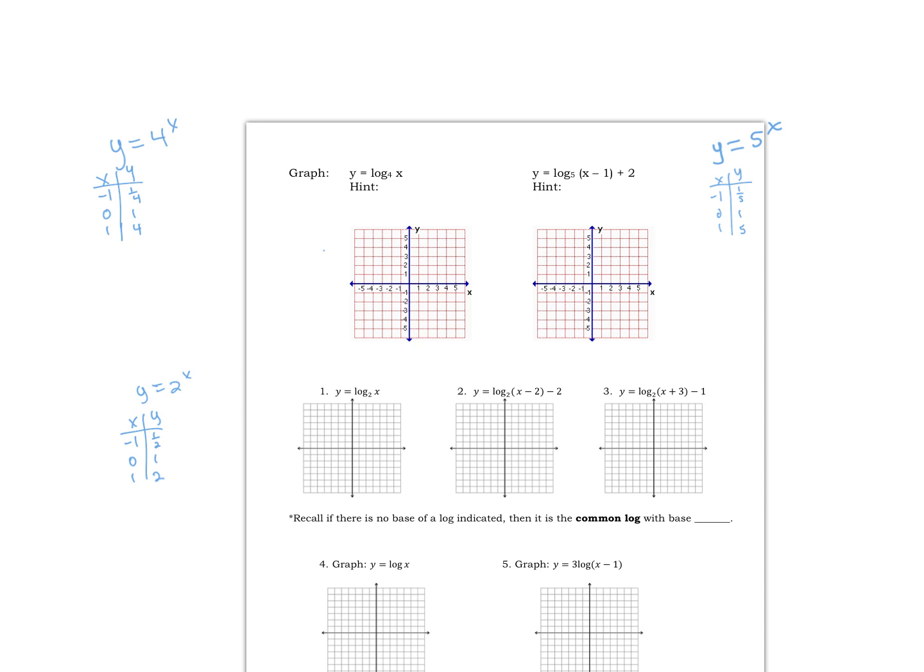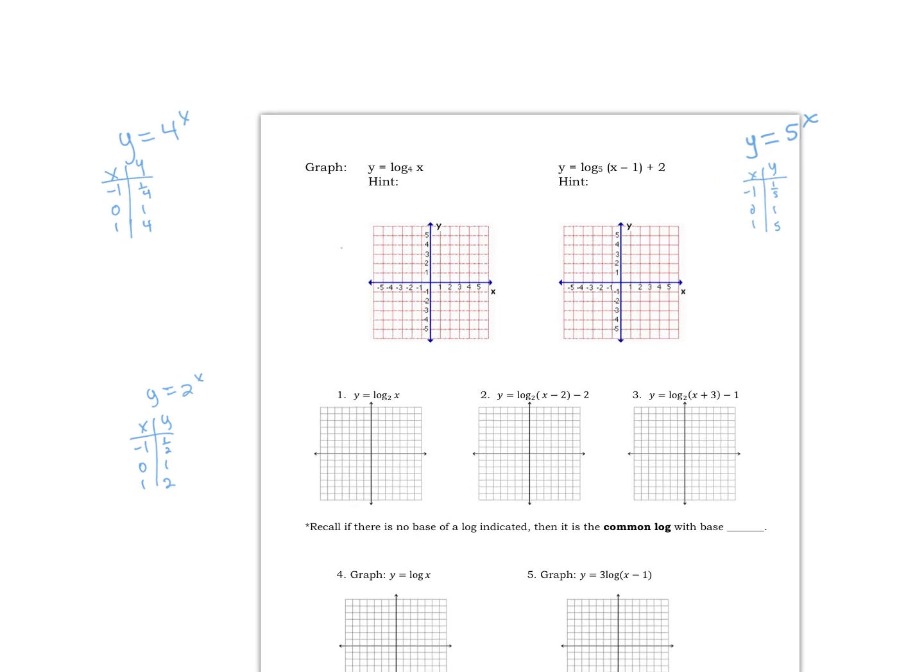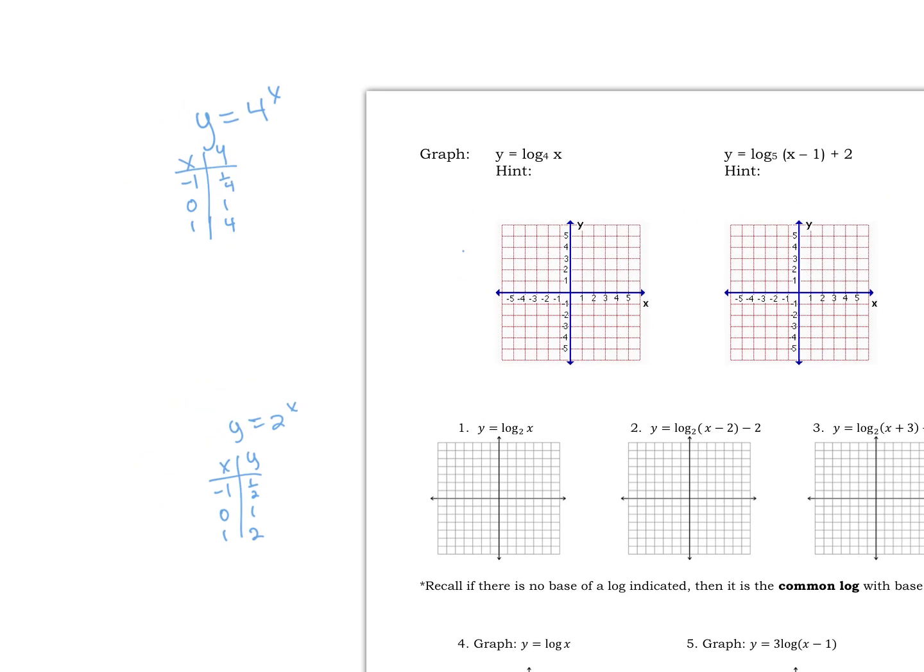Yeah, good point. We're not going to graph the exponential there. We're using that table. And now, to actually graph y equals log base 4 of x, we're going to switch the table. So -1, 0, 1, and then we've got the 1/4 and the 1 and the 4.